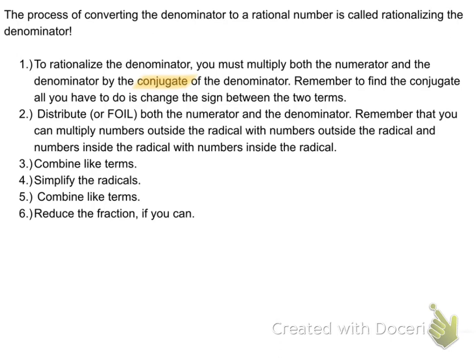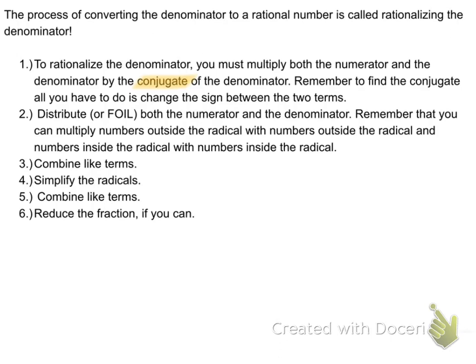This step, I'm realizing, isn't the best of steps because not every time where you have a conjugate do you have to multiply by it. Or I should say, you can always find one, you're not always going to use it. So this works if there's more than one thing in the denominator. So, let me rephrase number 1.